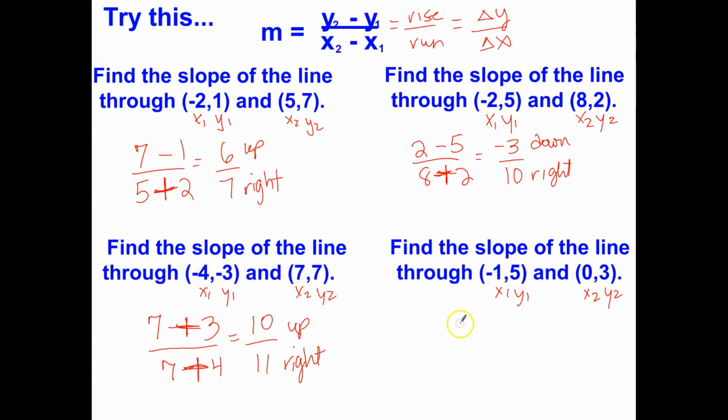So 3 minus 5 over 0 minus negative 1. Twinning. So we get 3 minus 5 is negative 2. 0 plus 1 is 1. And so we get the slope is negative 2 over 1, which means down 2, to the right 1.